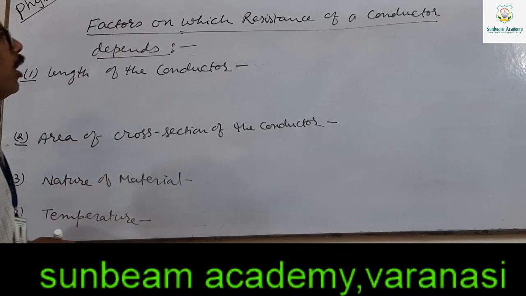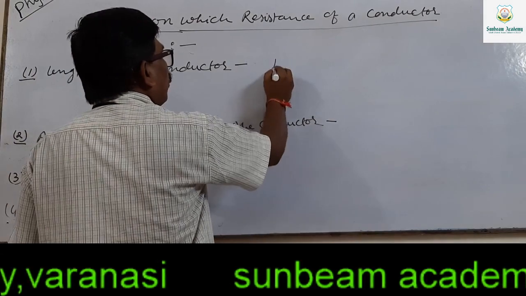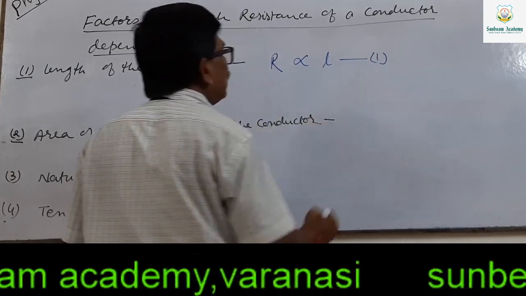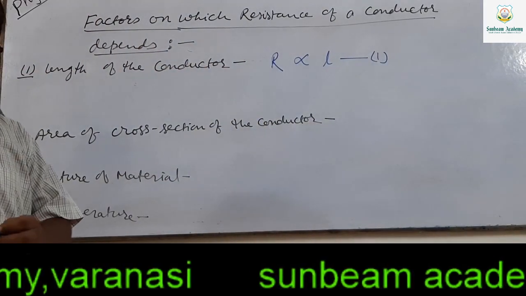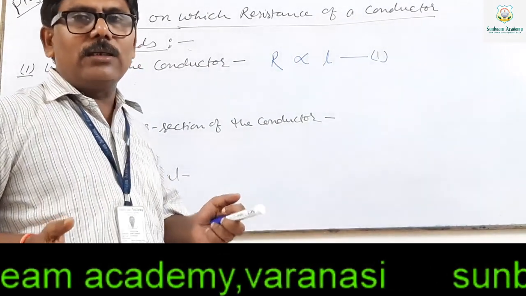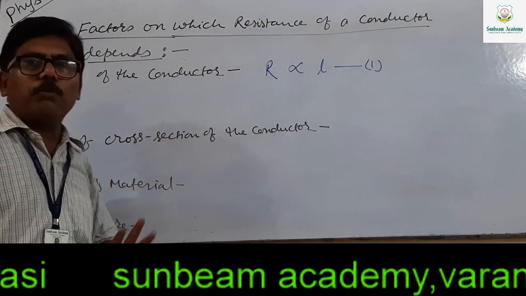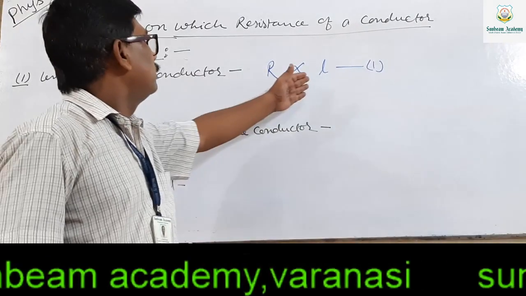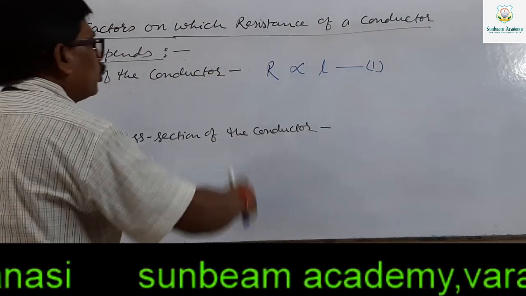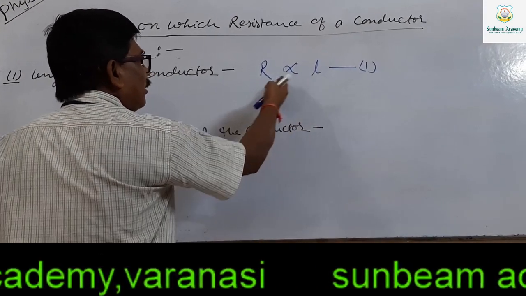The resistance of a conductor is directly proportional to the length of the conductor, means greater the length of the conductor, more will be the resistance. Smaller the length of the conductor, less will be the resistance. So R is directly proportional to L. Greater the length, more the resistance. Smaller the length, less the resistance.